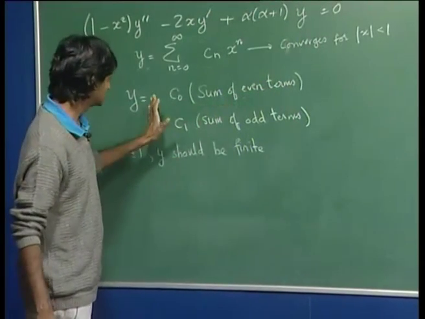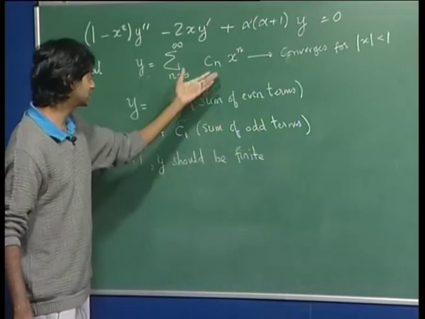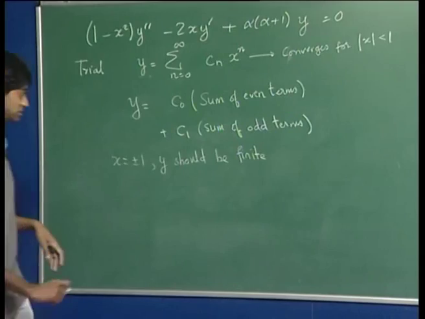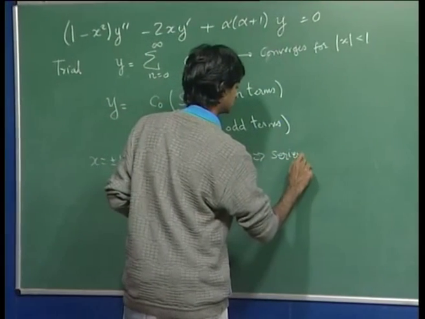Suppose you had an infinite series of coefficients; then you can show that it is a divergent series.